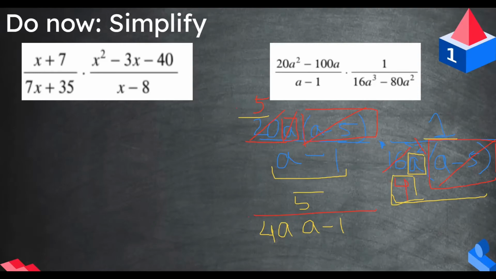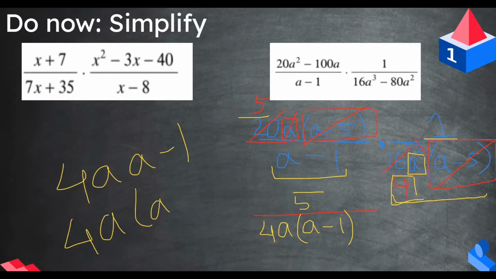Is that the correct form, or am I done? Is that the simplified form? Should I leave my answer like that? Why or why not? Yeah, that's the simplified form, but with two parentheses. Yep, that's what I was looking for, because this is not even close to what this is.